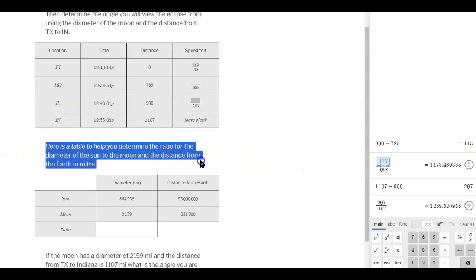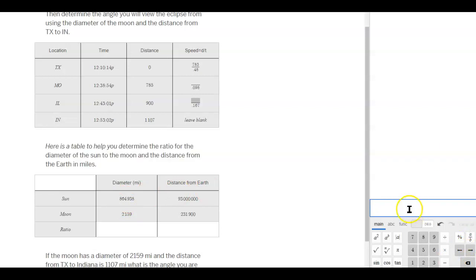Now we can use a table to determine the ratio of the diameter of the sun to the moon and the distance from the earth in miles. First, let's look at this ratio. So notice that, and we're going to use our calculator here, so I'm going to go ahead and clear everything out. Notice that the sun's diameter is 864,938.